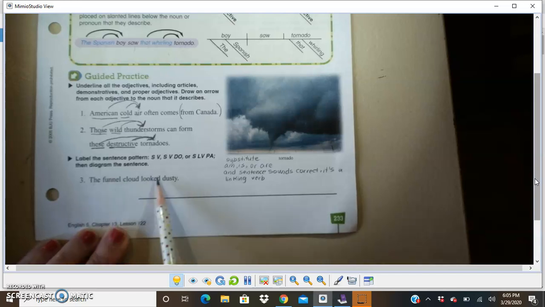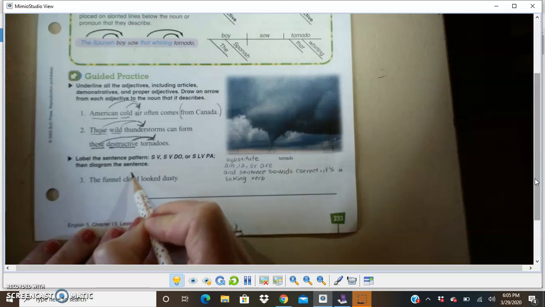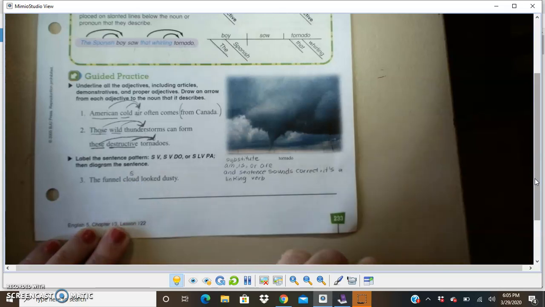The funnel cloud looked dusty. So what's the subject? What are we really talking about right here? Yes, it's a cloud. So that's your subject. And what's the verb? Yes, it's looked.